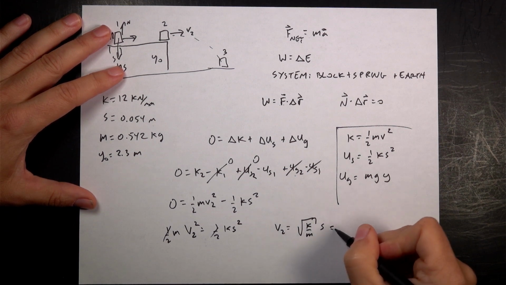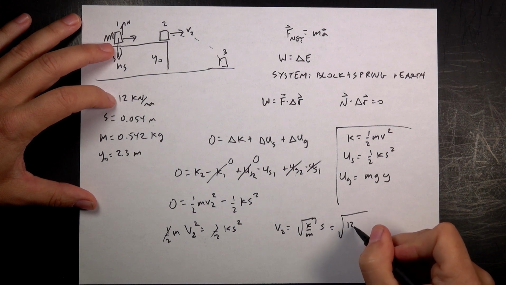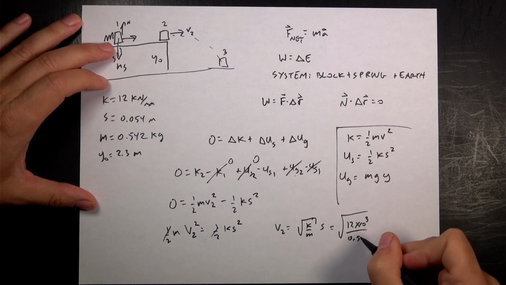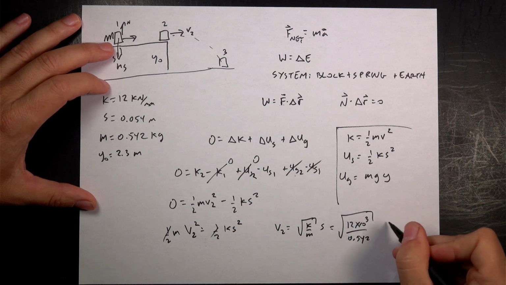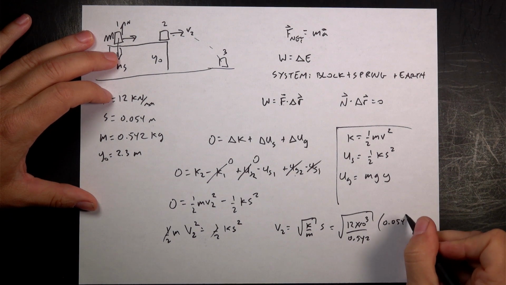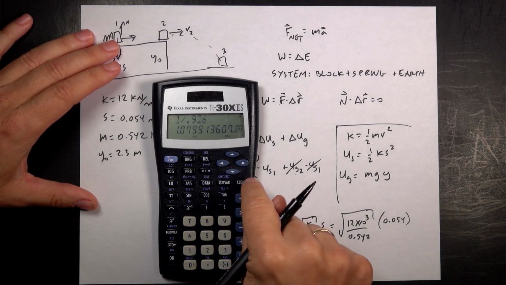So let's put in our values. It's going to be the square root of 12 kilonewtons per meter, so 12 times 10 to the third, divided by the mass, 0.542, multiplied by s, 0.054. Put it in my calculator.